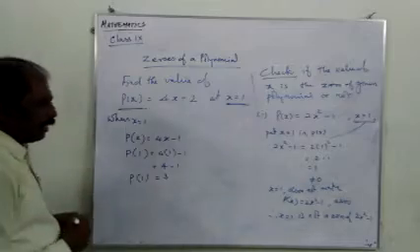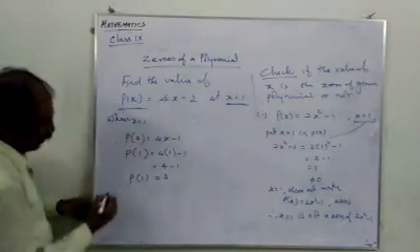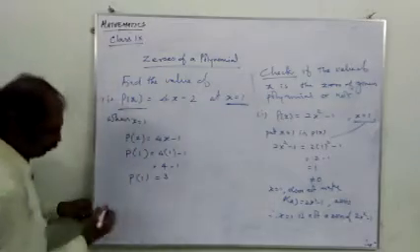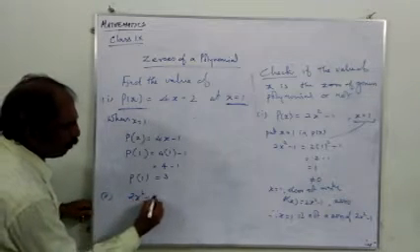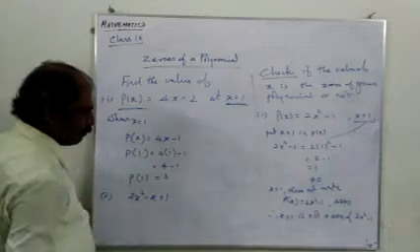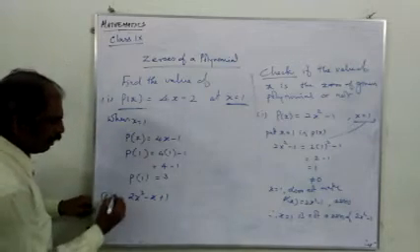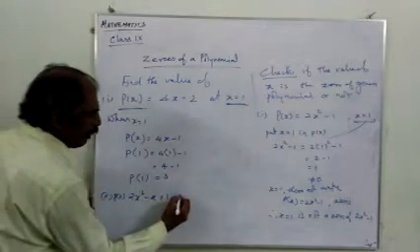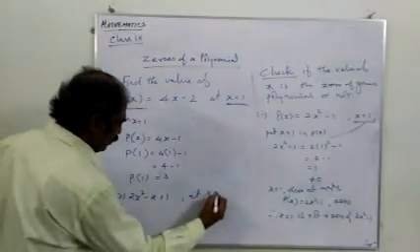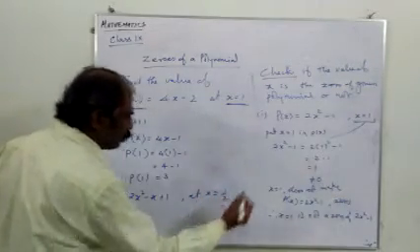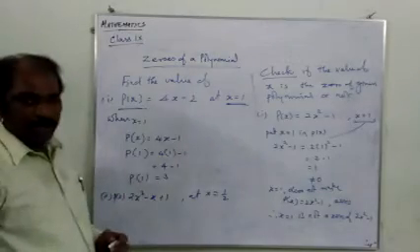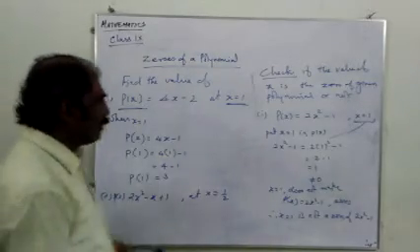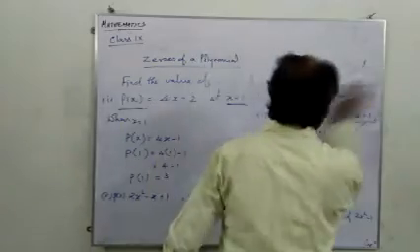Let us see another one, the second one. 2x square minus x plus 1 is the polynomial given to you, and find the value at x equal to, say, 1 by 2. Sometimes it may be given as a fraction also. Suppose that is the case, how do we do this?